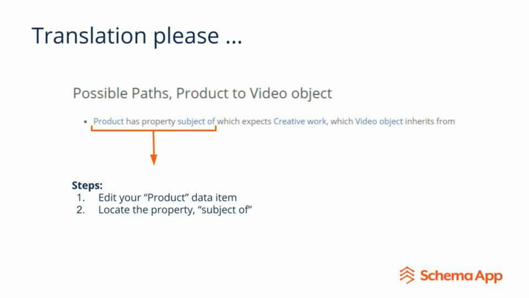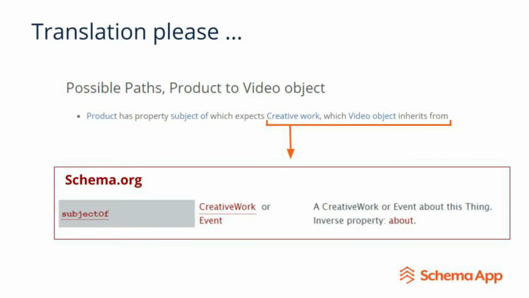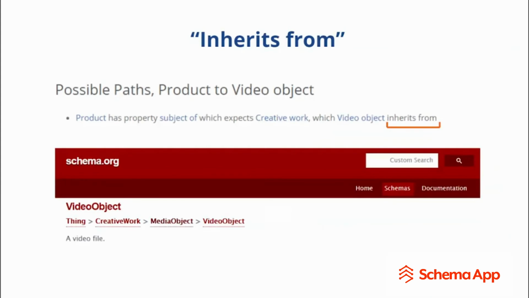So we would go to our product data item and scroll down to locate that property in our Schema App tools. Then it's telling us that subject of can be a creative work, which you can see from the screenshot from schema.org. And lastly, it's telling us that video object is a type of creative work. Also, video object inherits the properties from media object, which incidentally inherits the properties from creative work, which inherits the properties from thing.